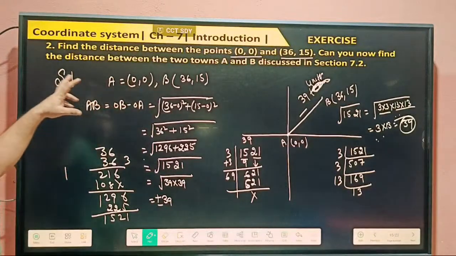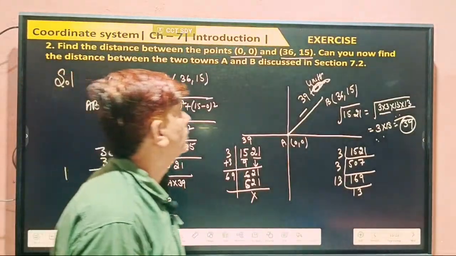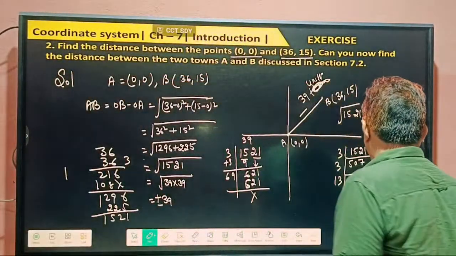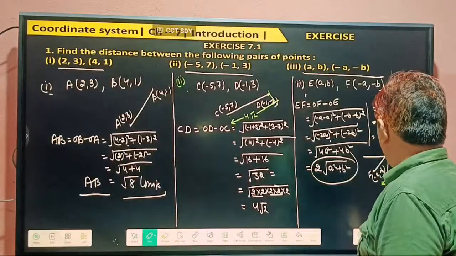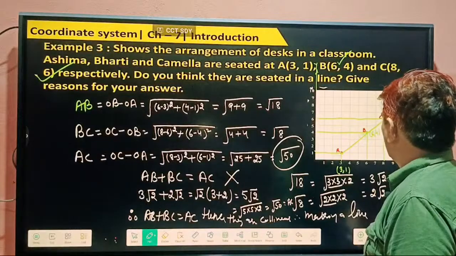Can you now find the distance between the two towns A and B, which is discussed in section 7.2? So I told you which one is section 7.2, yesterday I told you.